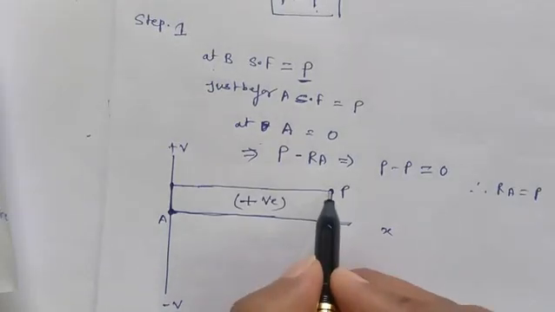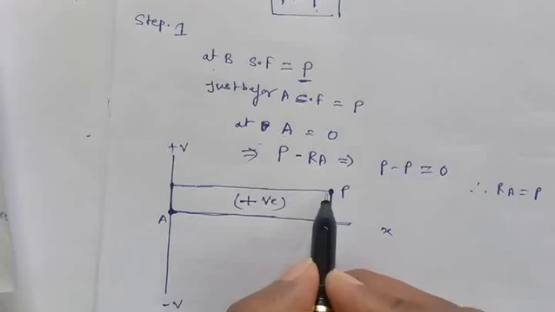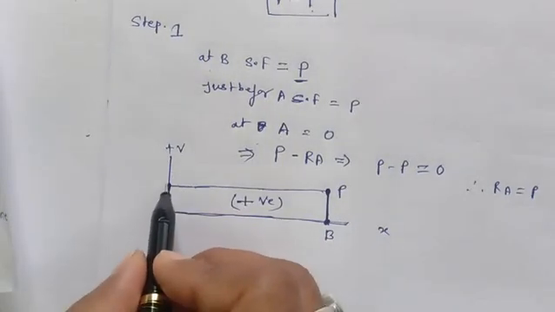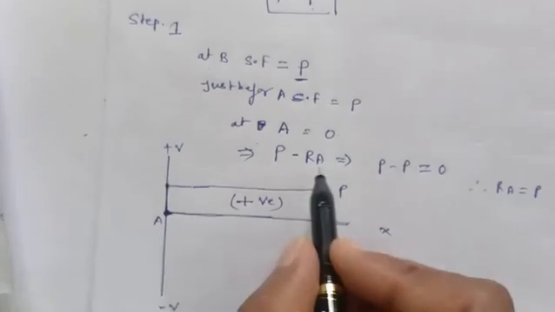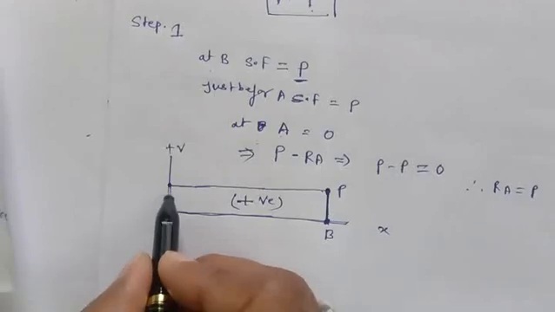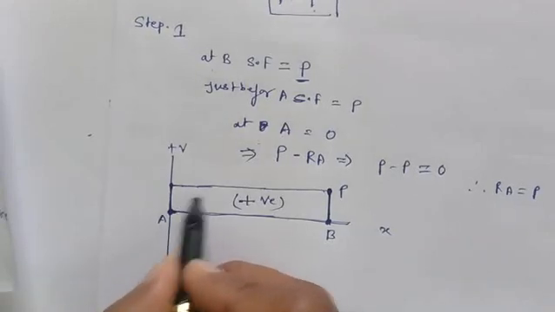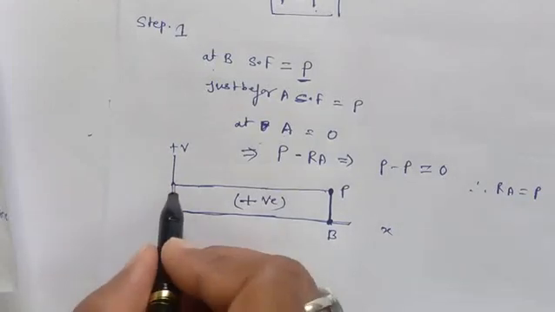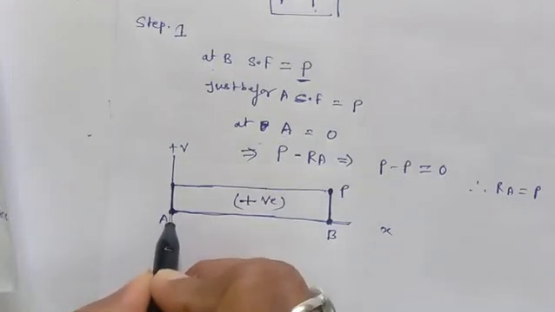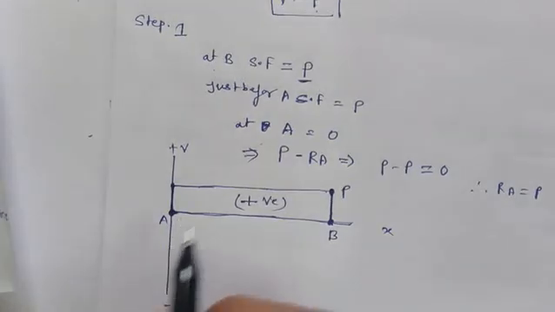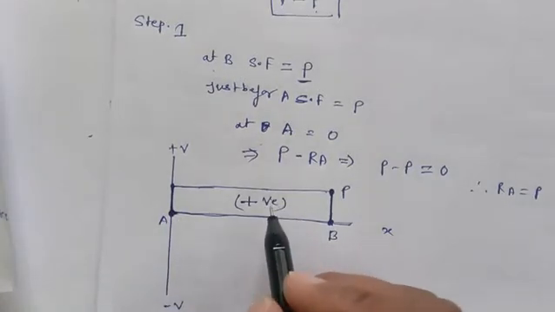Then there is no load, so a horizontal line will be there, and it is constant up to just before A, because just before A, RA value is nothing but P, RA is equal to P, so up to RA it will be P value, and at A, P minus RA equals 0, so it will come back again to 0 at point A, and this is the box-like diagram which is positive because it is on the positive side.